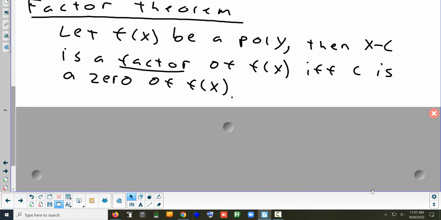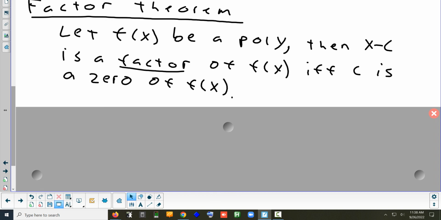Okay. So we just talked about what the remainder theorem was. It gives us a quick way to find the remainder. Well, a small extension to that is the factor theorem, which basically says specifically, if the remainder comes out to 0, then we know it's a factor. Okay, so the factor theorem is basically saying if you divide by x minus c, then that number you divided by will be a root of the polynomial, because you'll be able to plug it into the numerator and the answer will come out to 0.